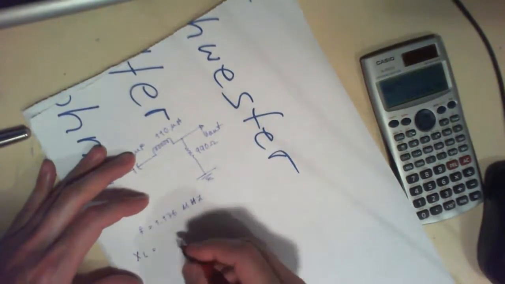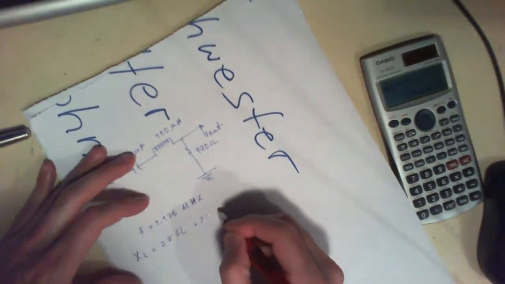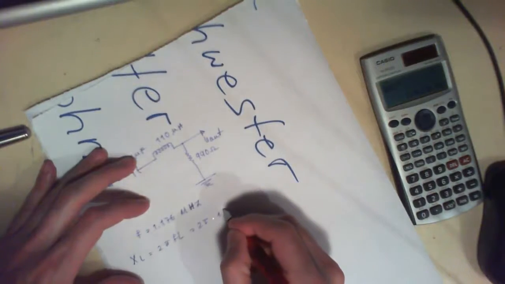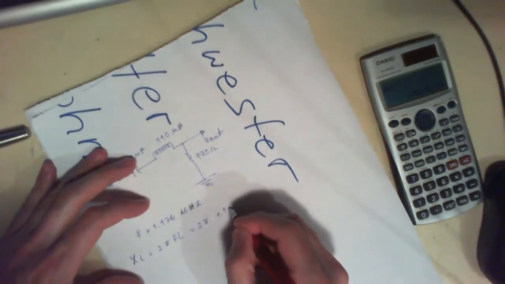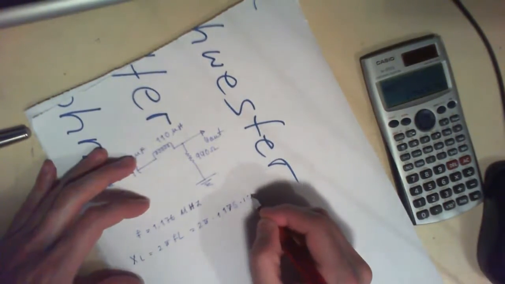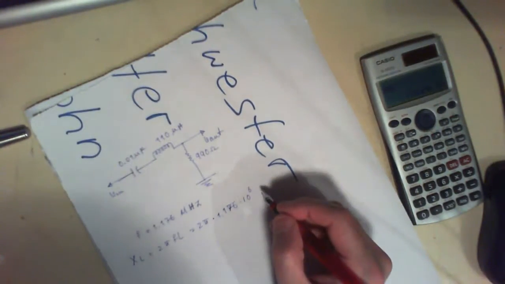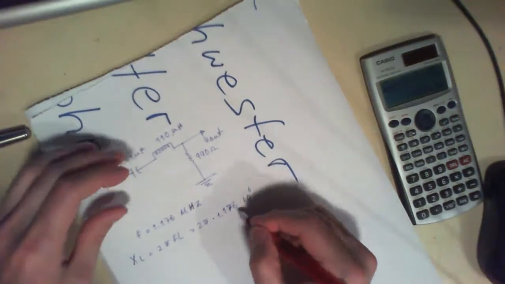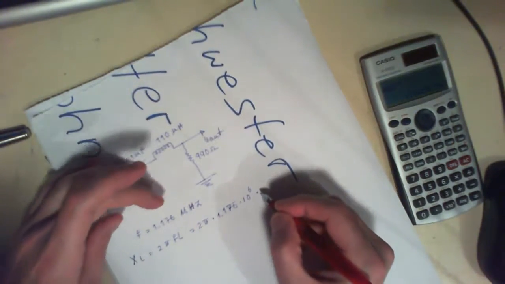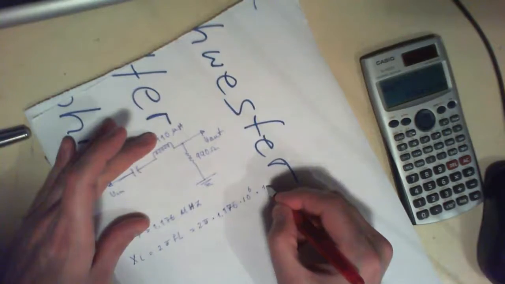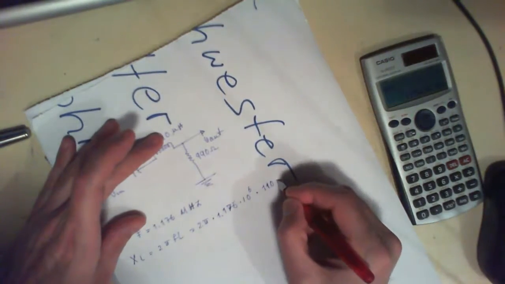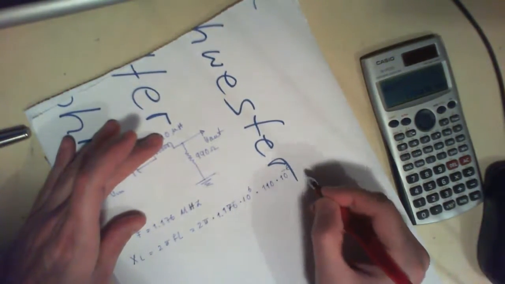X of L is equal to 2 pi f L, which is equal to 2 pi times the frequency, 1.176 times 10 raised to the power 6 hertz, that's 1.176 megahertz, times the L, which is 110 microhenry, so times 10 raised to the power negative 6 henry.